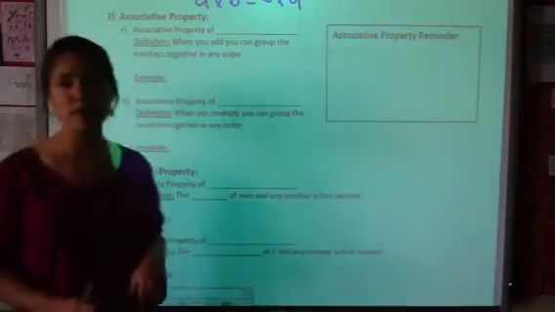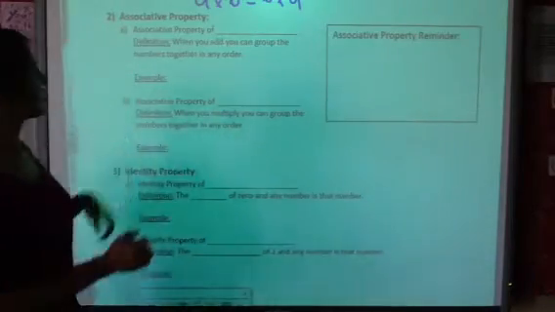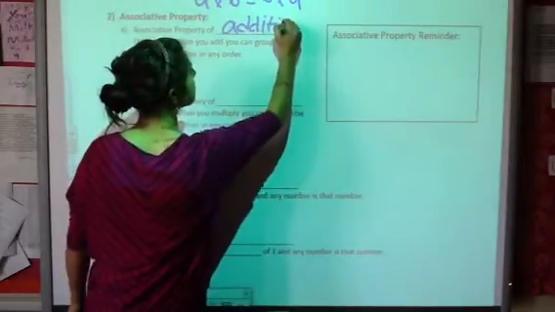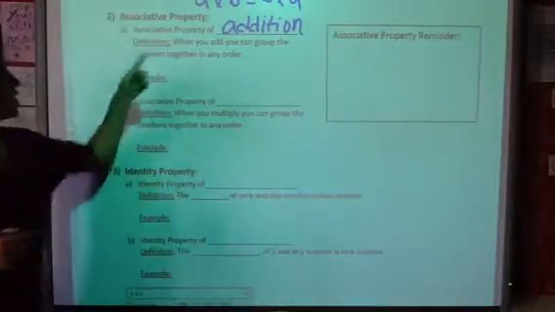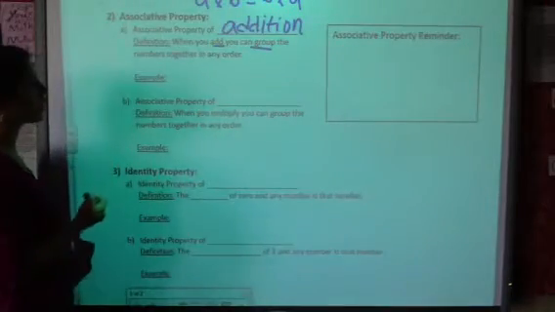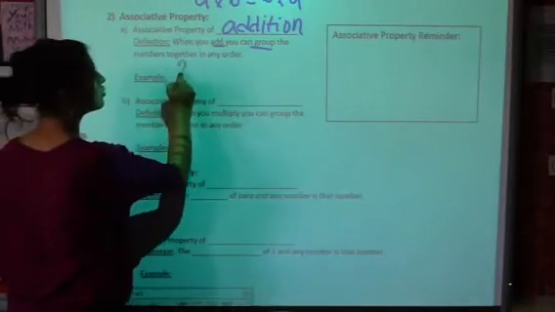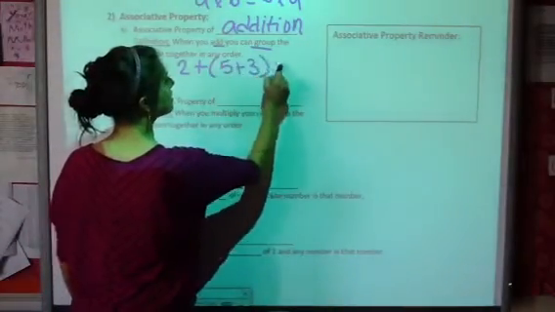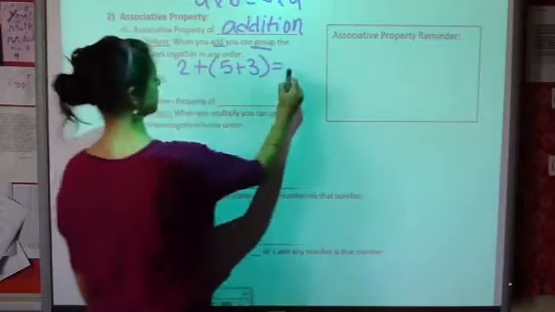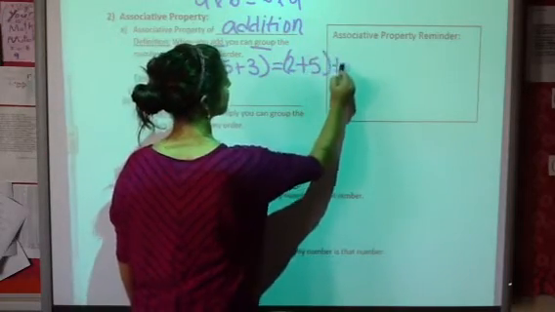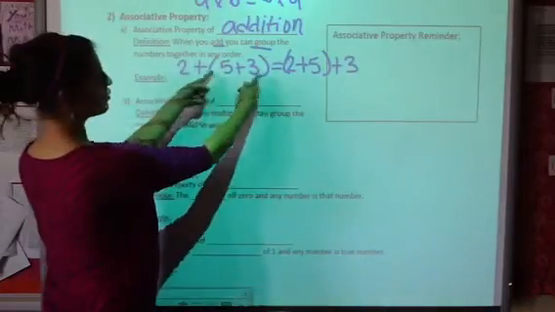All right, the next one. This is the associative property, and we have the associative property of addition again. And this says when you add, you can group the numbers together in any order. So an example would be 2 plus 5 plus 3 is equal to, the order has to stay the same, so we have 2 plus 5 plus 3. What I did is I just moved my parentheses.